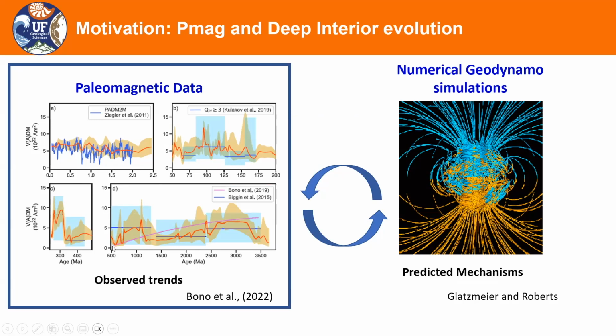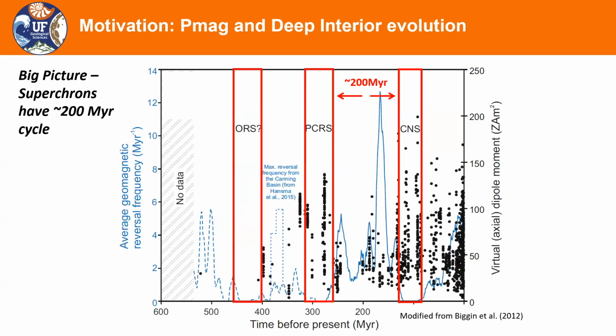For example, very low field strength estimates around the Precambrian-Cambrian transition are now kind of our big support for a young inner core formation around this time. And in addition to the field strength, we, of course, also look at reversal frequencies.